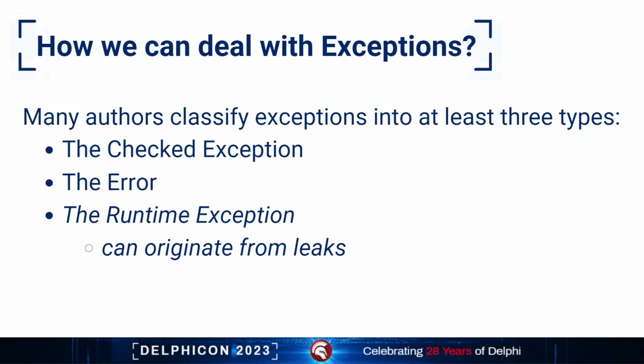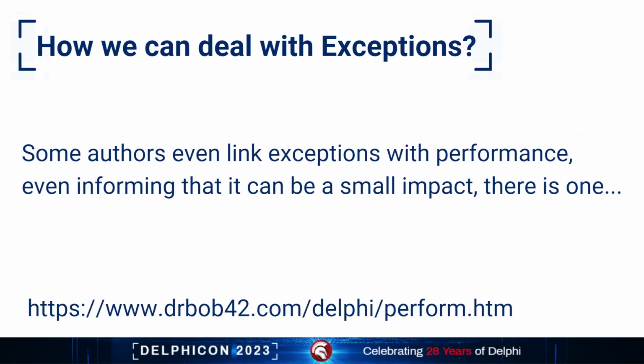All the exceptions related to memory management can be put in this particular type here. This particular type we can solve by avoiding memory leaks or bad initializations in our system, right? So how can we deal with that? How can we eliminate this behavior from our systems?